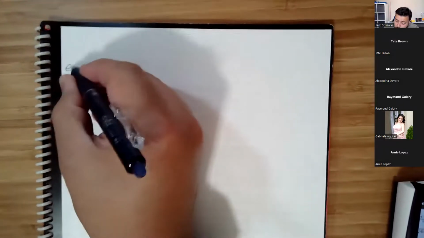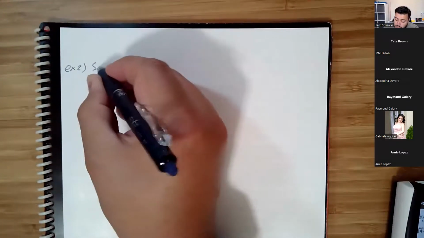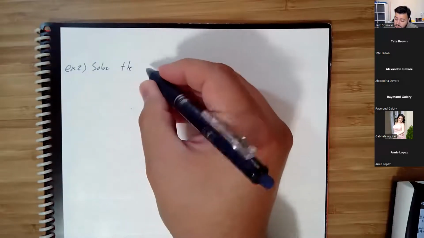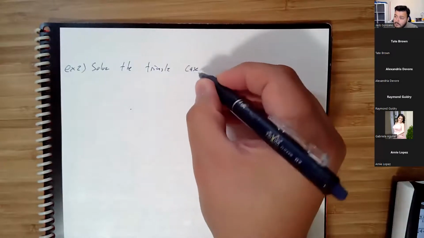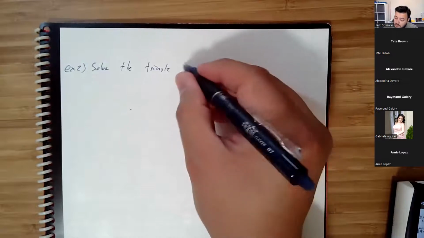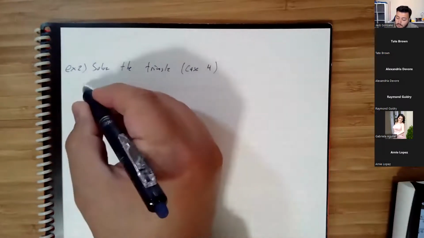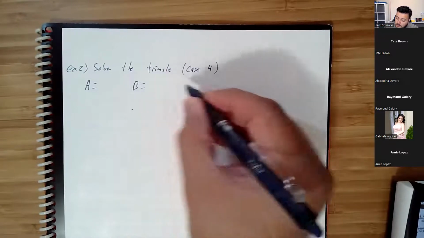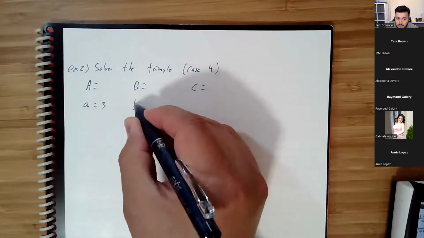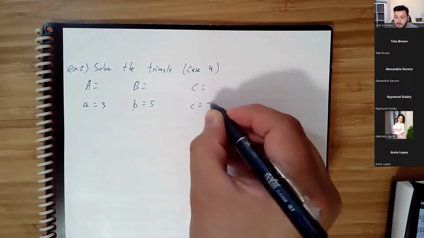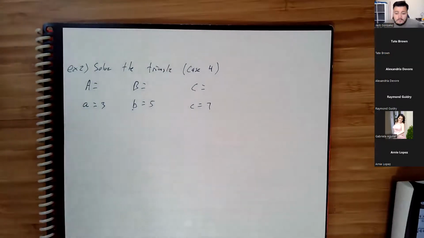So let's do case 4. So here, all we have is sides. So all we got to do is use the formula to find two angles, and then we subtract from 180, and you will find the third.